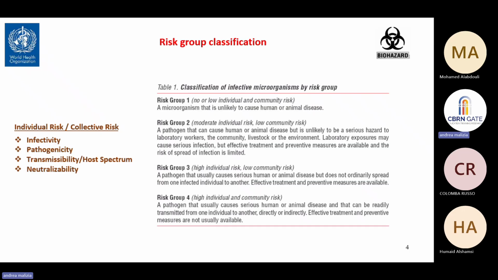A different situation is BSL-4, where you have high individual and community risk. It's because there is no therapy, there is no vaccine, and the mortality and morbidity are very high. Individual risk and collective risk are classified depending on infectivity, pathogenicity, transmissibility, host spectrum and neutralizability of the virus.